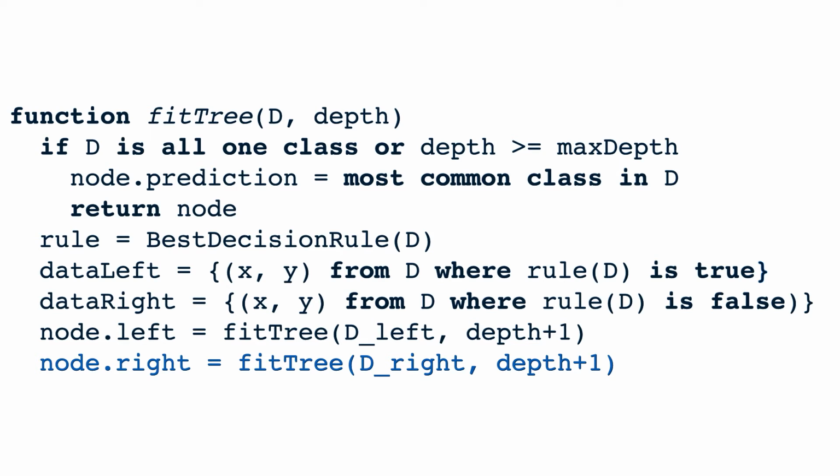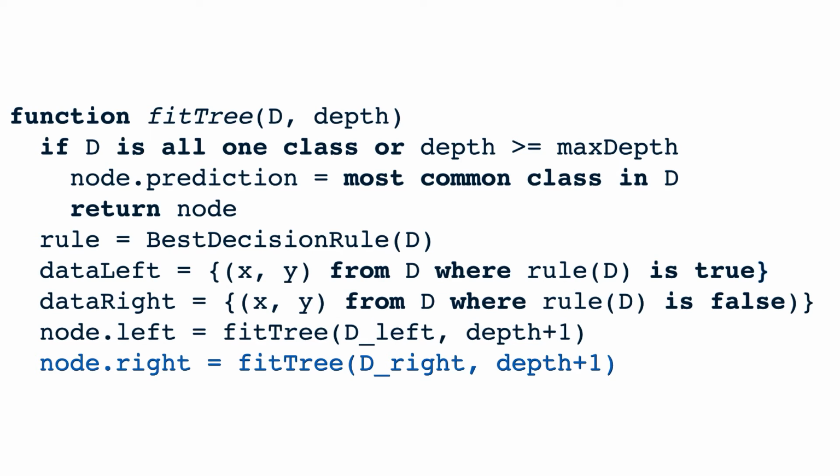And of course, if that depth happens to be the max depth, then it will reach a base case, or if D left or D right happen to be all one class, then we will also reach a base case. But we don't actually have to worry about that, because the way you think about this recursively is that that's the problem of the recursive function call. We don't have to worry about it. We just look for whatever node comes out of the fit tree procedure.